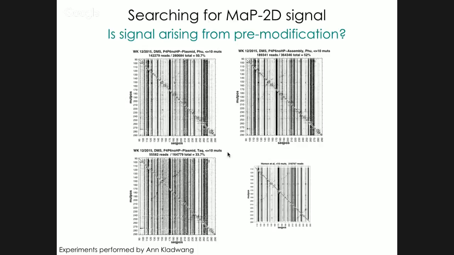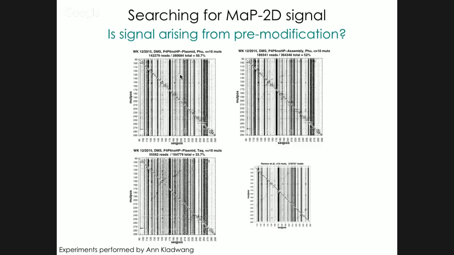And PCRing from the plasmid appears to give a slightly weaker signal to noise for the secondary structural elements, which you can vaguely see if you squint hard and know where to look. But also some of the hits are in different places in the plasmid versus the assembly. We can probably point to a few, like right there.